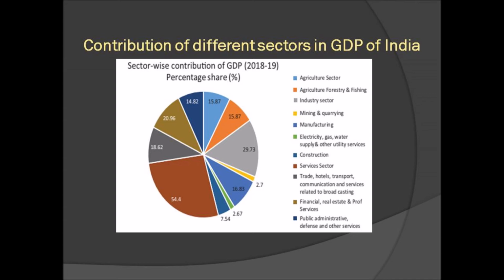What is meant by gross value added? Gross value added is the measure of the value of goods and services produced in an area, industry, or sector of an economy. The formula to calculate GVA is GVA equals GDP plus subsidies minus direct sales taxes.